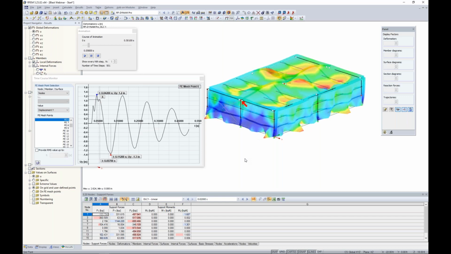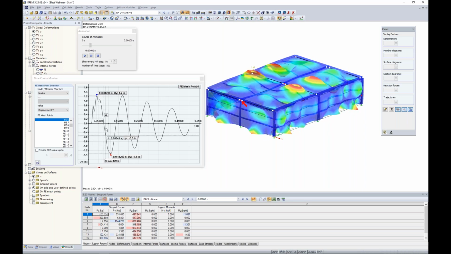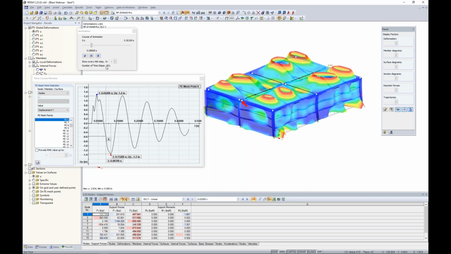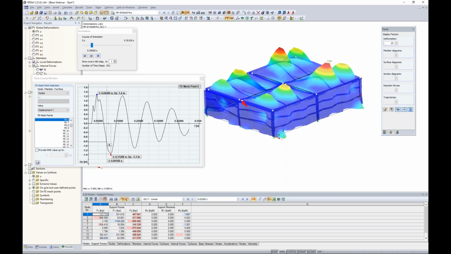So we'll just be able to see how these surfaces and members are moving. You can see that the time course monitor is slowly moving from time step to time step. So again, this information that is plotted here is important for those saved time steps to make sure that we get nice smooth curves here for our particular analysis.